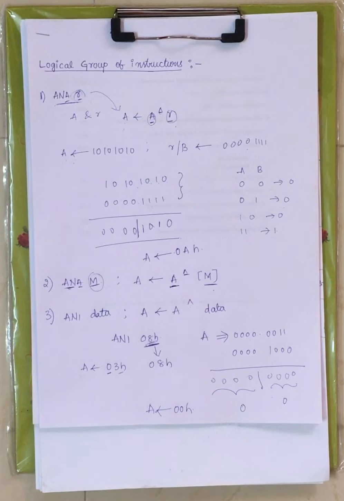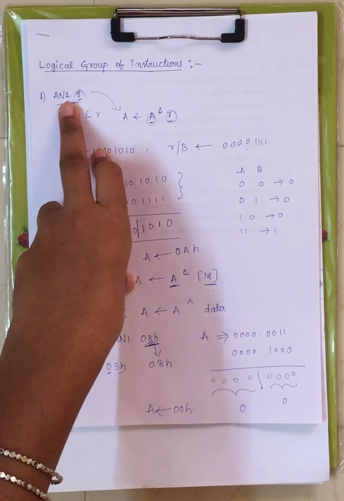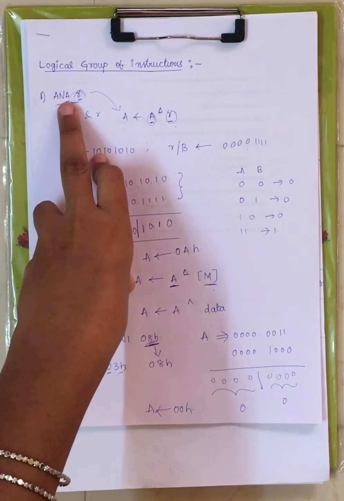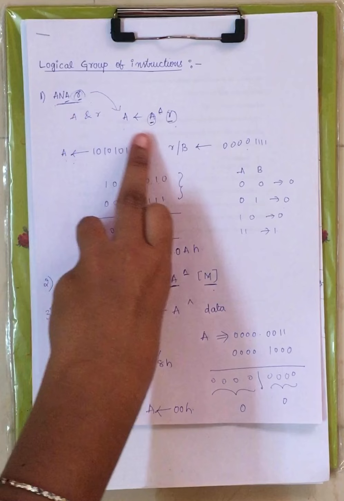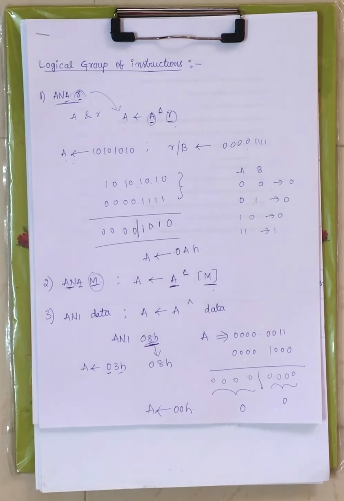We have 3 instructions under the logical AND operation. Let me briefly explain again. ANA R performs the logical AND operation between the contents of the accumulator and the contents of the register specified within the instruction.